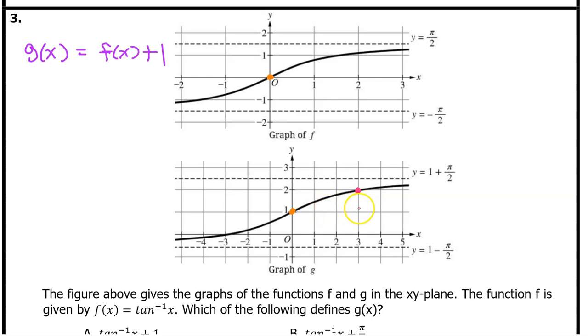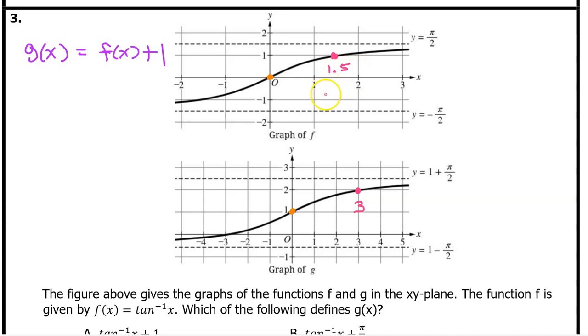So notice that the input value is 3, and notice that this point is 1 unit above the point of inflection. So if I look at the original graph f, and I go 1 unit above the point of inflection, that level intersects the graph right here at what appears to be 1.5.